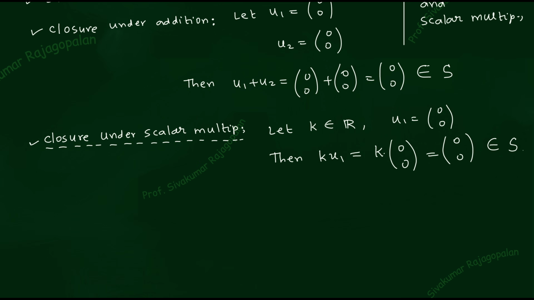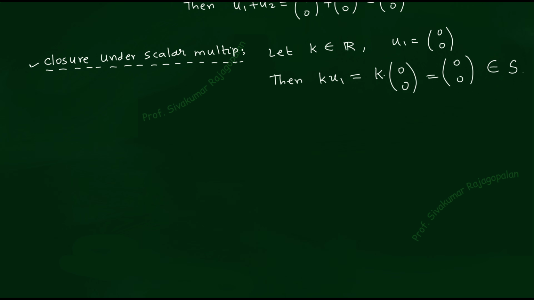So all the properties are satisfied. Therefore our conclusion is that the given subspace containing only one element is a vector space. That's what I am now writing. Even though we have done three tests, something is happening behind the scenes which you do not know.